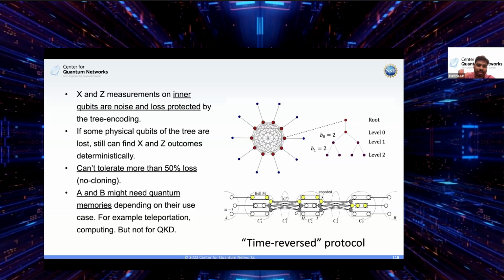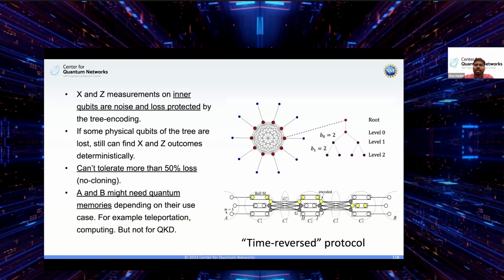The error that you are most worried about here is loss. So if you get more than 50% loss, then the entire scheme fails. So your repeater spacing cannot be more than say tens of kilometers. But still, you don't need any memories, so it's only photon sources. So probably you can put repeaters every 10 kilometers and be happy.